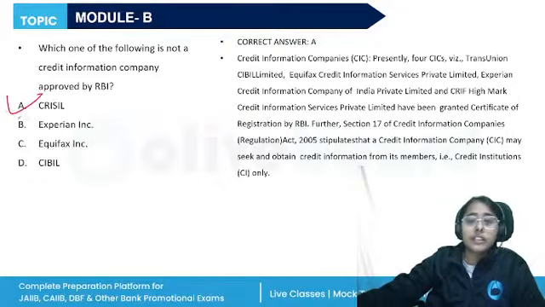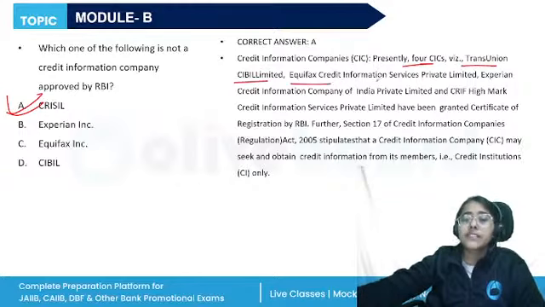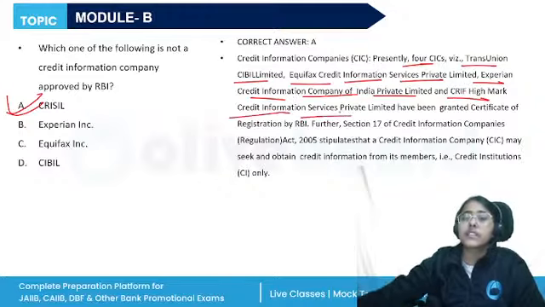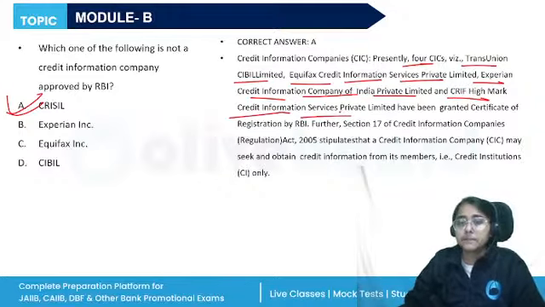The credit information companies, presently four, are TransUnion Sibyl Limited, Equifax Credit Information Services Private Limited, Experian Credit Information Company of India Private Limited, and CRIF Highmark Credit Information Services Private Limited. All right. They have been granted certification of registration by RBI.